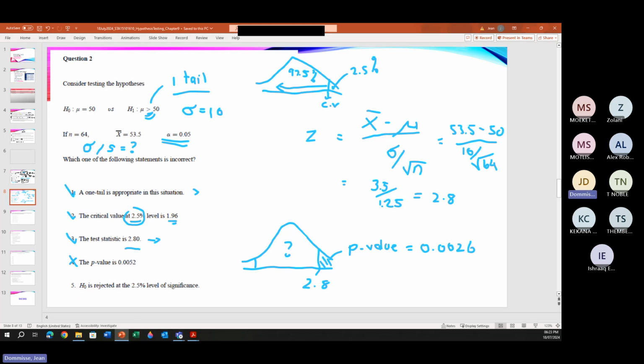Okay, and then let's look at your p-value of 0.0026 is smaller than 0.025 or 2.5%. So because that is smaller than 2.5%, we will reject the null hypothesis.